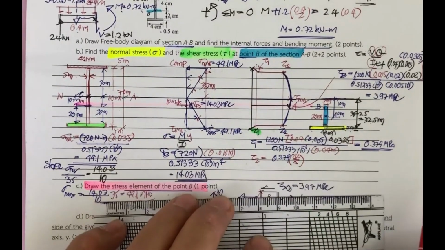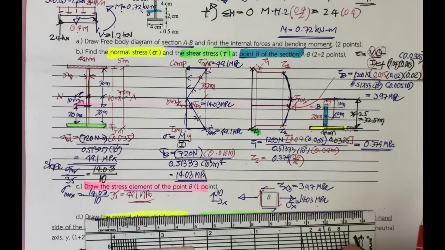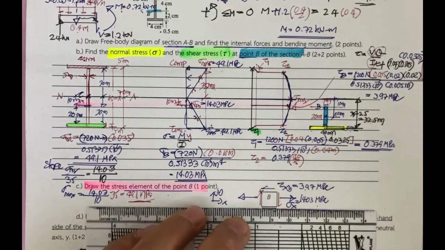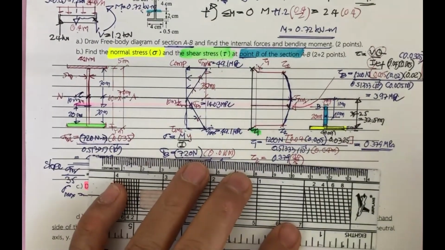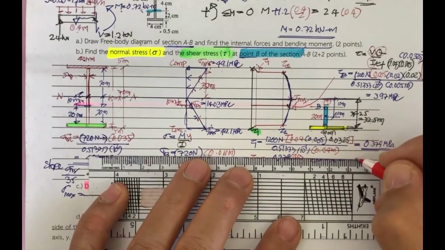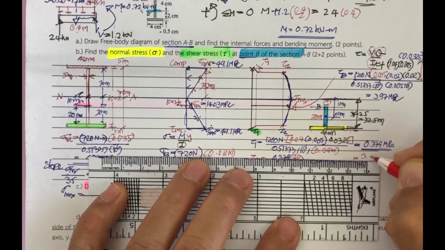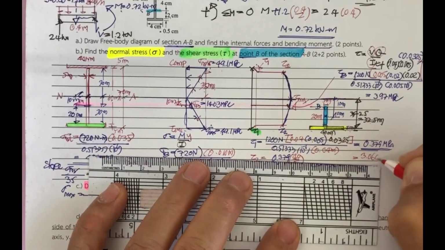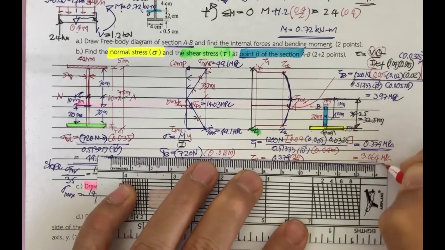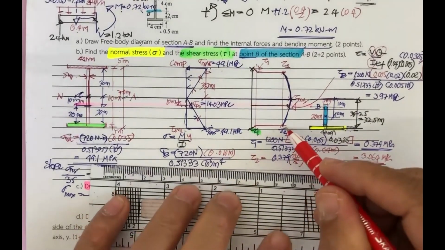You can compute this one easily. Tau sub 2 is going to be 3.064 megapascal. That is 8 times larger.